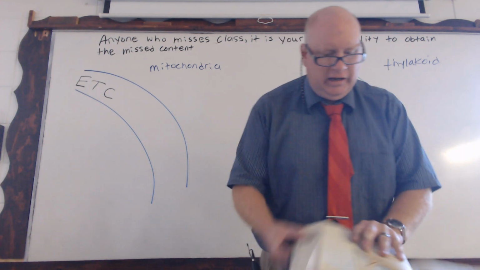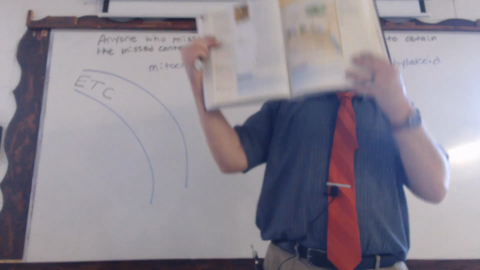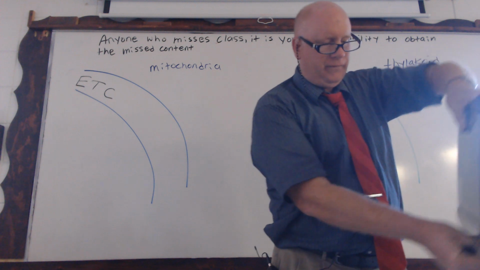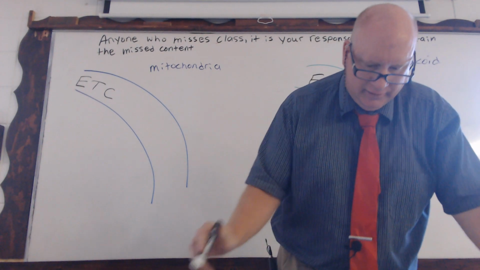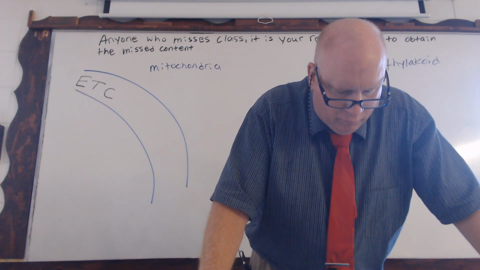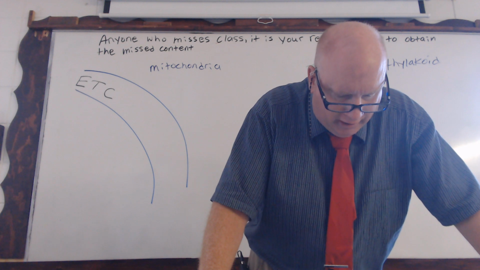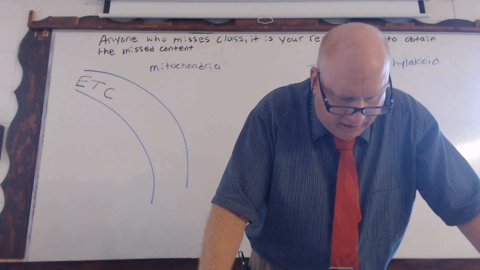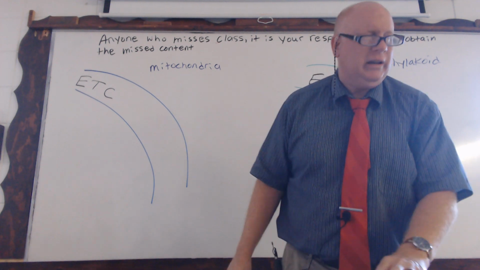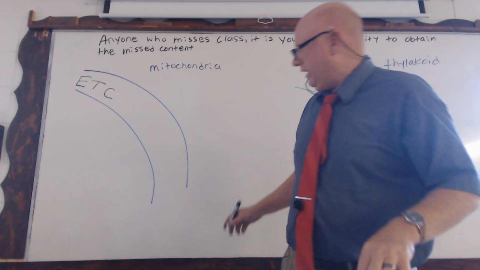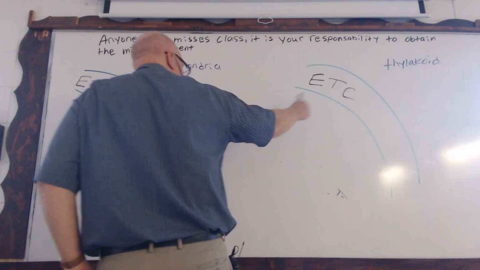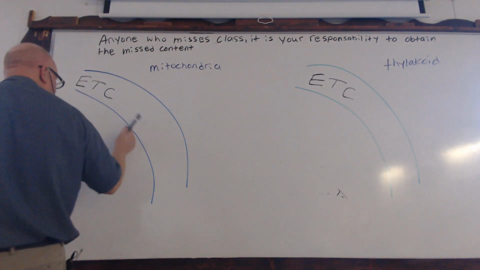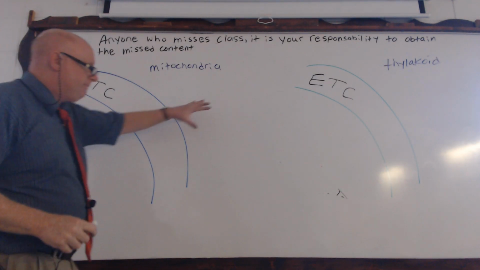Find letter E. It says, when protons move across the thylakoid membrane through ATP synthetase, ADP is converted to ATP. So the similarities are the same, we could say, for plants as opposed to animals.